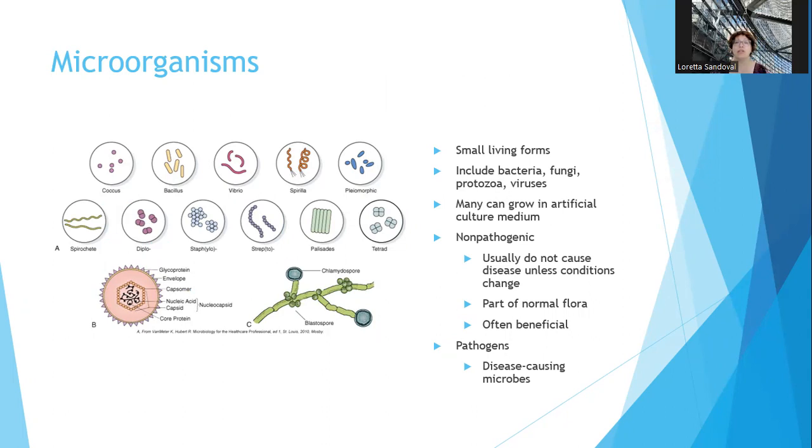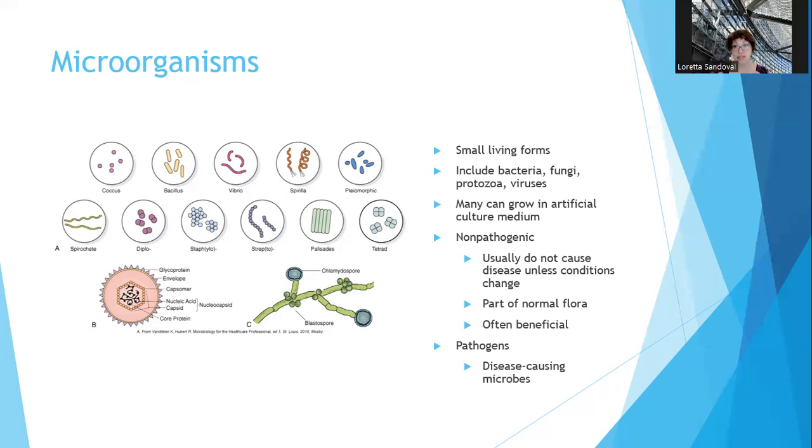Many of them can grow in an artificial culture medium, but many of them cannot, and we'll talk about which ones can. In terms of how we relate to them as humans, there are non-pathogenic microorganisms, and then there are pathogens. The non-pathogenic ones usually don't cause disease unless conditions change.